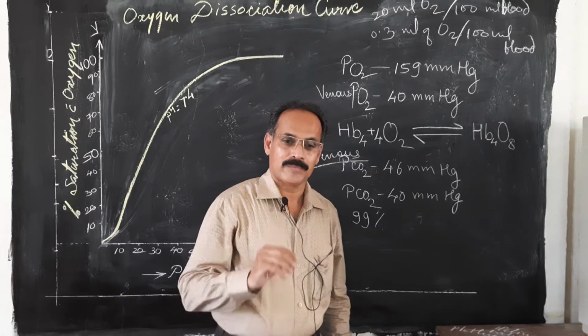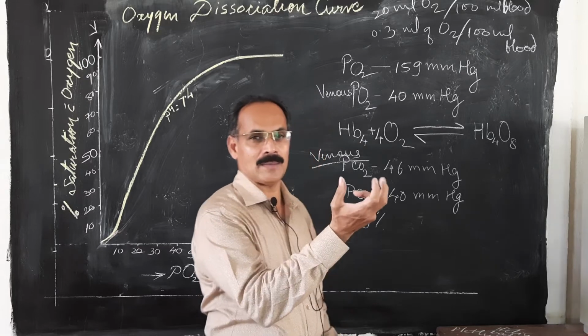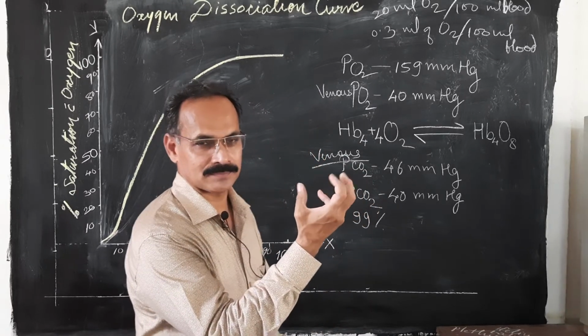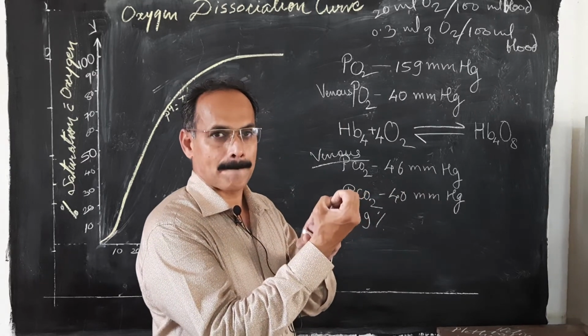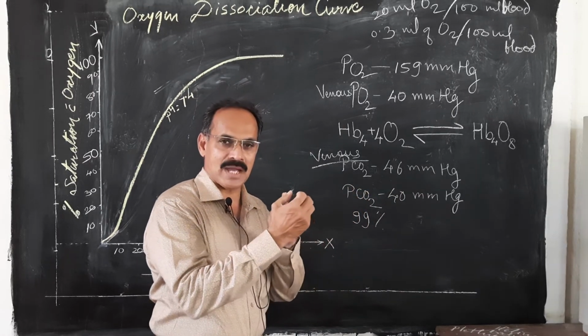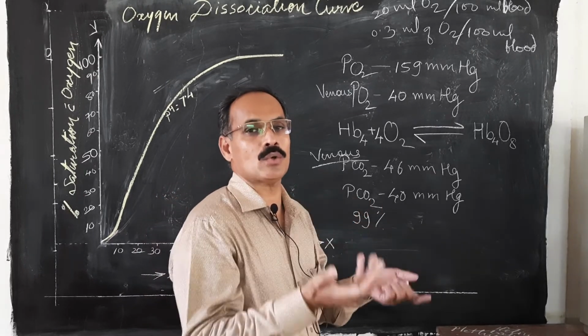We know whenever we are doing any work, suppose I am doing work with this hand, there is a need of energy. Ultimately, by utilizing those energy resources, CO2 will be formed.